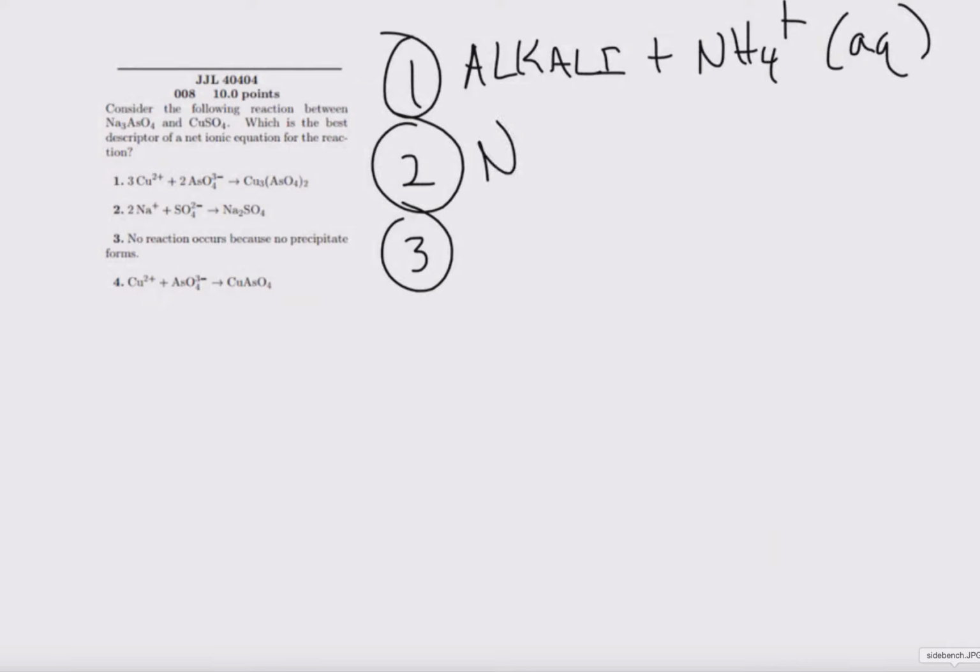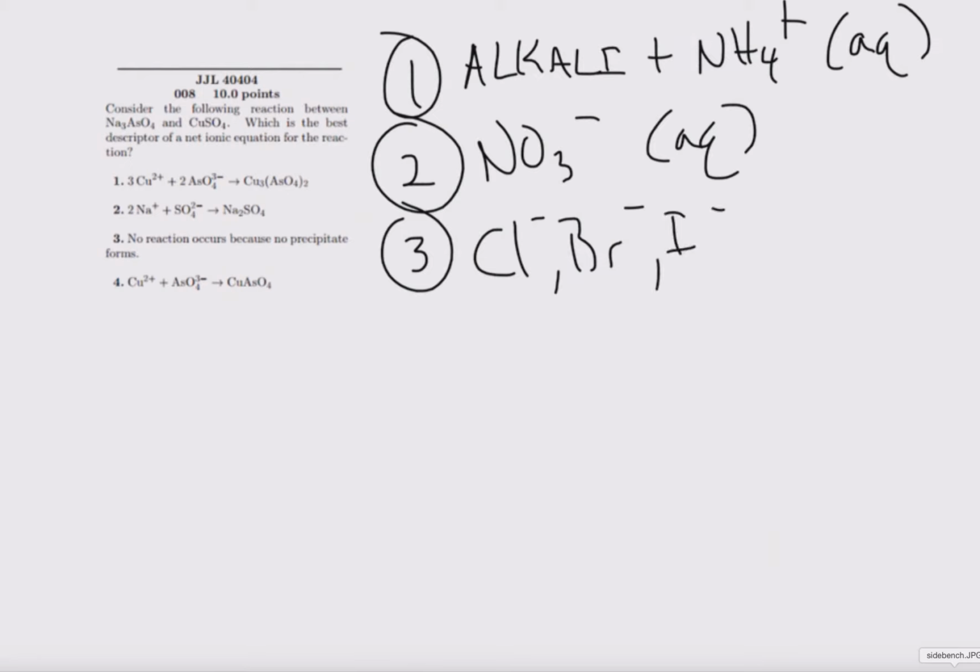If it is a compound of nitrate, NO3, it's always aqueous. If it's a compound with chlorine, bromine, or iodine, that's aqueous, unless they are combined with silver, lead, or mercury.